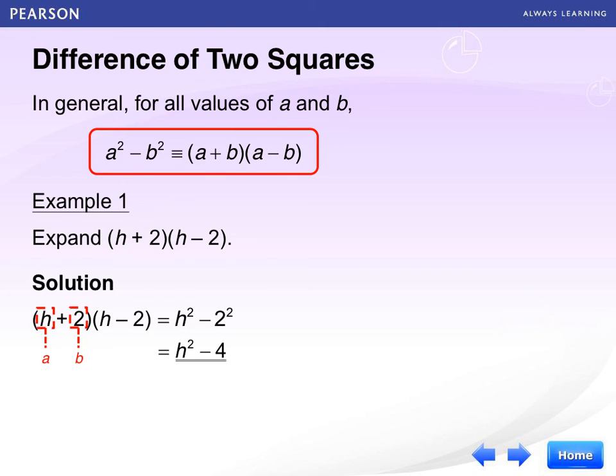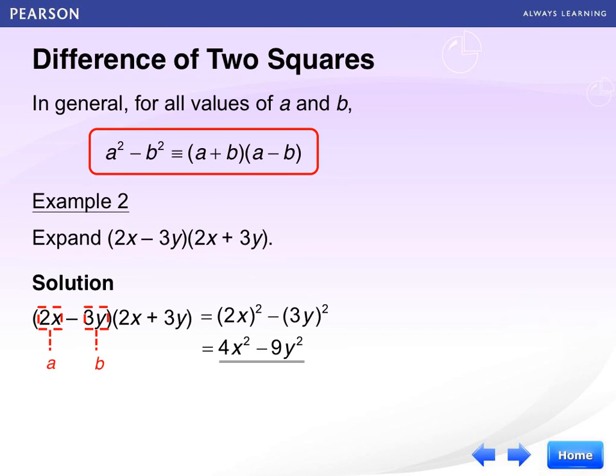In fact, there are some more examples here. Alright, for example, x plus 2 times x minus 2, right, because it is the same a plus b, a minus b format, you find that a is replaced by x and b is replaced by 2, so as a result it is x squared minus 4.